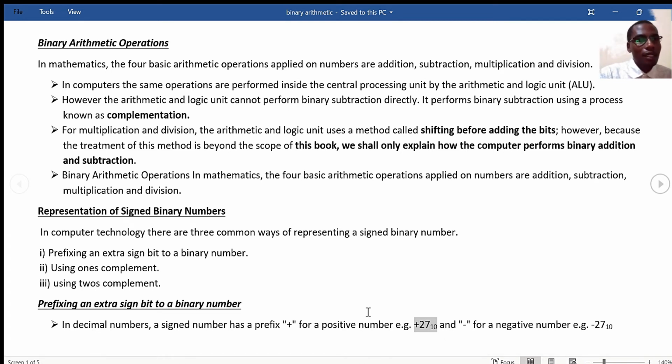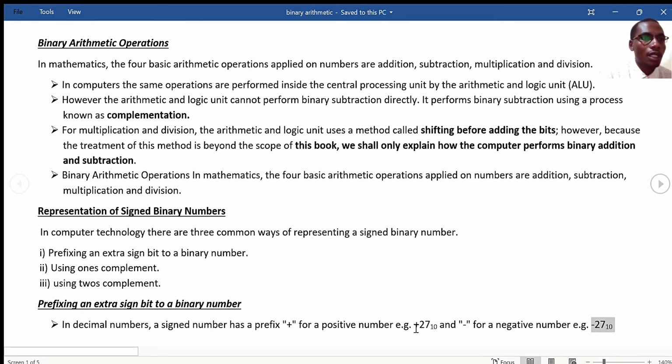It is done by just prefixing it with either a positive sign or a negative sign. That is in decimals, because we have learned decimals since lower classes. To represent a decimal number, you just add a positive sign or a negative sign before the number to show that the number is either positive or negative.